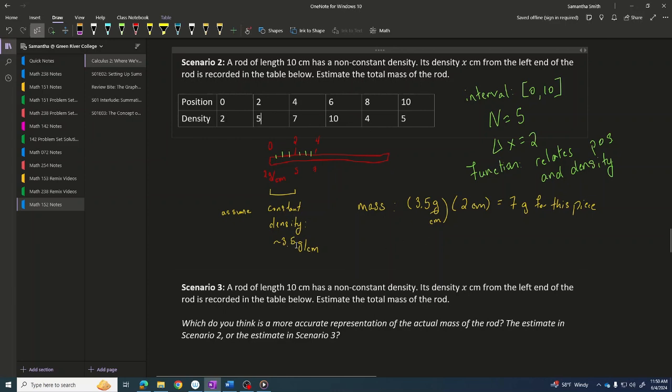And we multiplied that random output value by the length of the chunk to estimate the mass of that chunk. So this would, for example, be the output that we chose for the first chunk times the length of the first chunk, and this would give us the mass of the first chunk, and then I would have to add all of these together, sum them up to find the total mass of the rod.